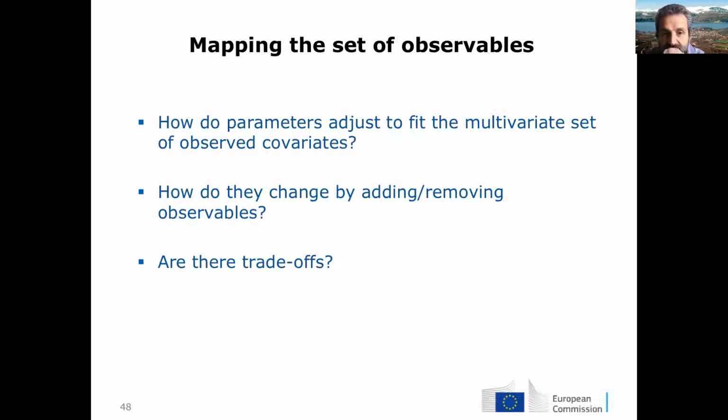Would they change by adding, removing observables? So would the posterior of a parameter be likely to change adding or removing observables? And are there trade-offs? As I said, are different observables driving the same parameter into different directions?